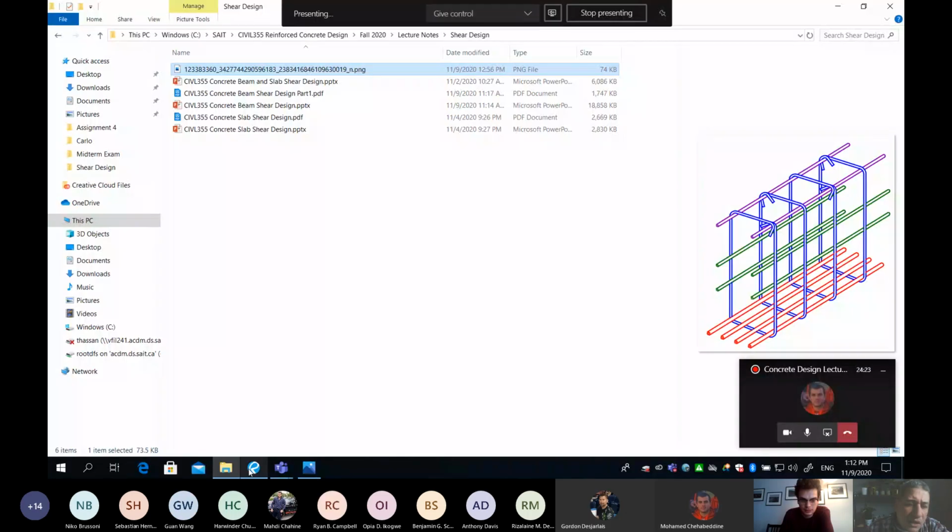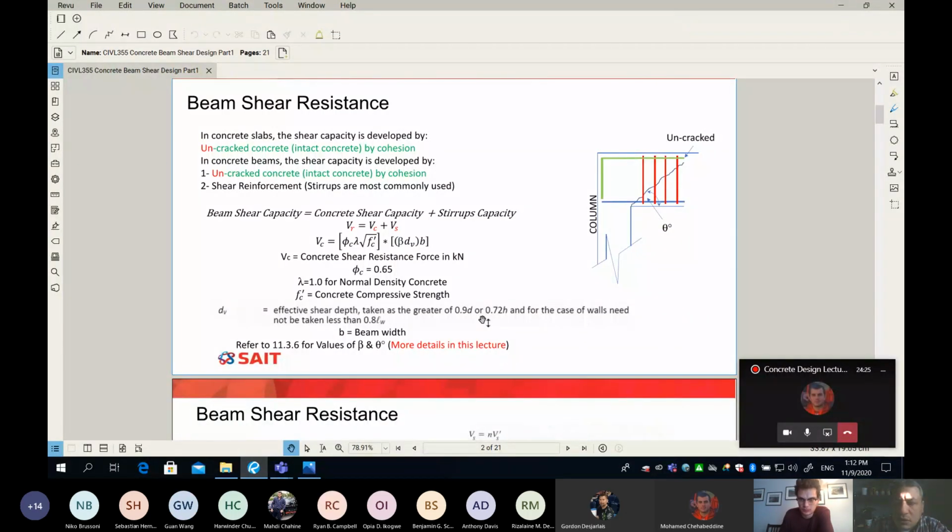So in today's class, we will talk about beam shear design. So far, in my class, we discussed the concept of shear resistance and how concrete develops shear resistance. And I think what I covered in the last class is slab shear design, okay?